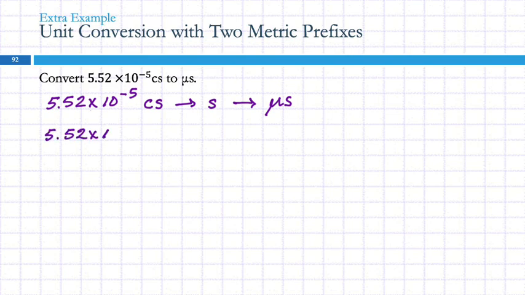So 5.52 times 10 to the minus 5 centiseconds. I look at the path, 2 arrows, 2 fractions. Times in a line, times in a line. So my path here is exactly what units are going to go in my equation. Here's centiseconds, and next is seconds, and then microseconds.